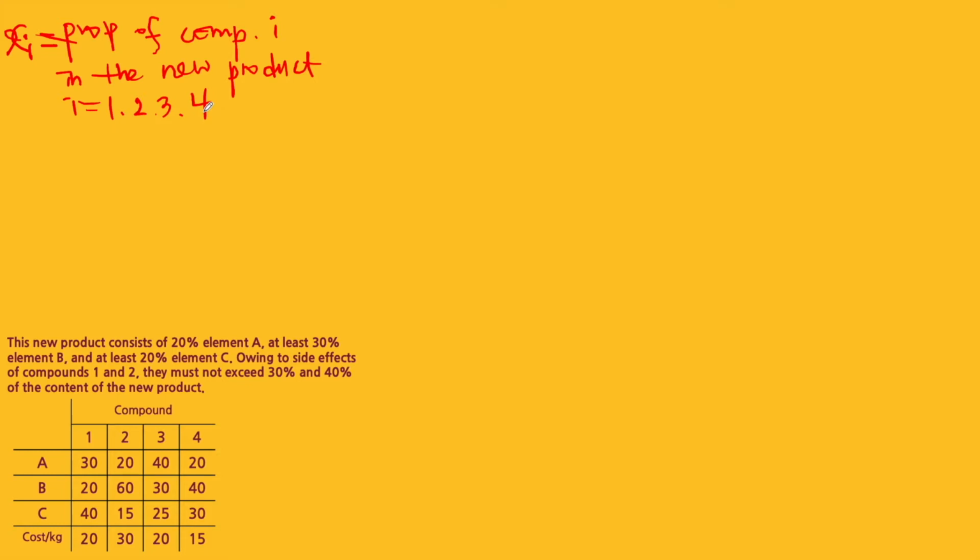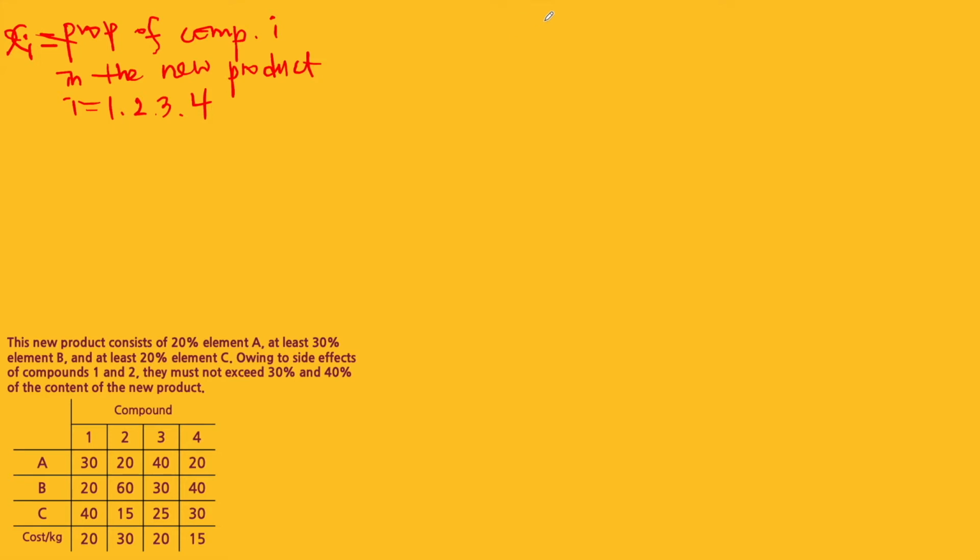Then next, we need to specify the objective function. As we saw in the previous slide, the objective function would be the total cost of the compounds. So the total cost of compounds comes from the last line of this table.